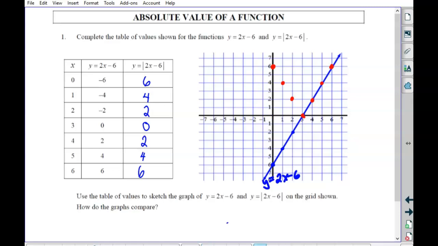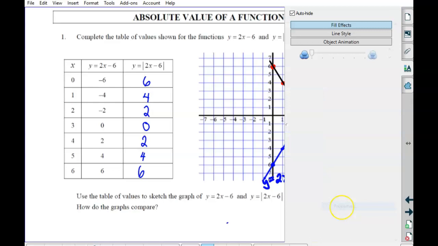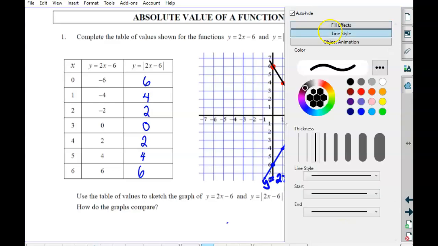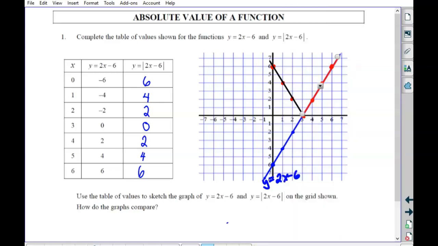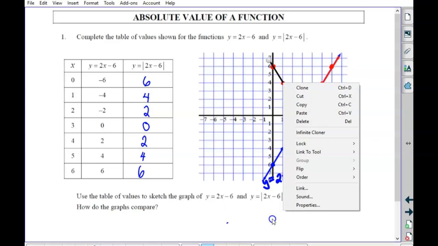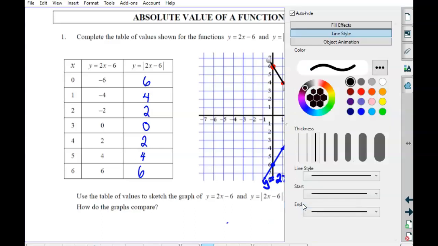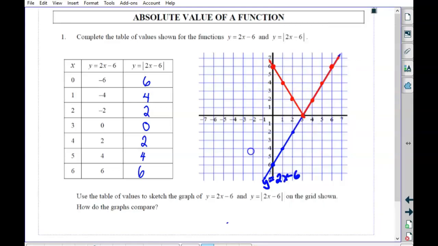Joining those up looks like a V. Okay, so the red is your absolute value function.